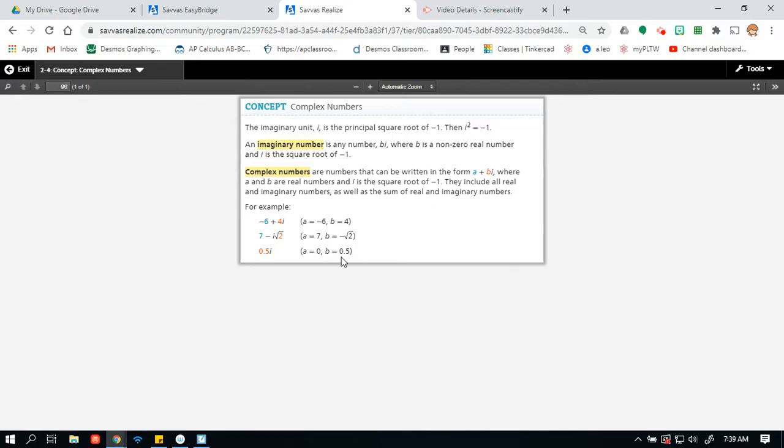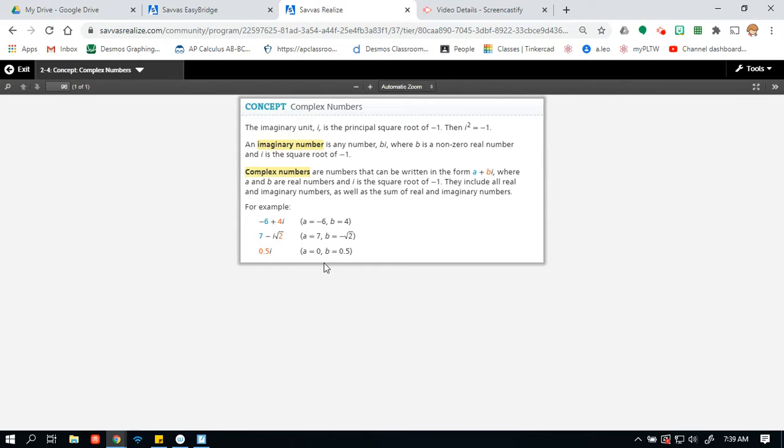For example, -6 plus 4i has a of -6, which is your real number, and then your imaginary number is 4, because that is tied to the imaginary square root of -1. 7 minus i times the square root of 2, where 7 is your real and -√2 is your imaginary. 0.5i, you only have an imaginary component because a in this case is 0.